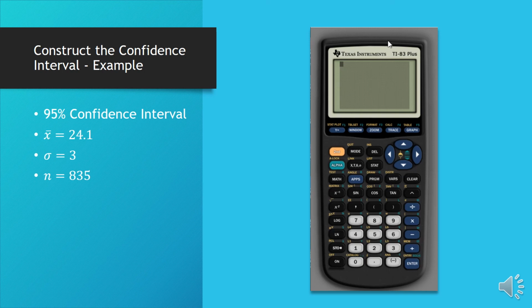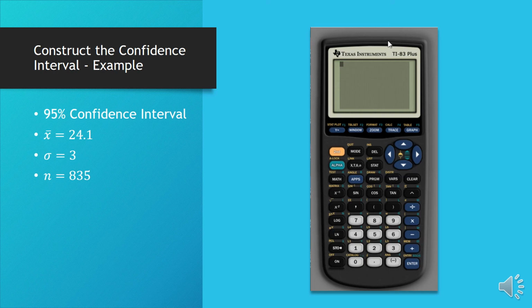So let me show you how to construct a confidence interval using your Texas Instruments calculator. You're going to click the Stat button, and then you're going to go over to Test. Now you're going to scroll down to a Z interval. Again, I'm using a Z interval because I know the population standard deviation. Now, here you can see it's giving you two options, data and stats.